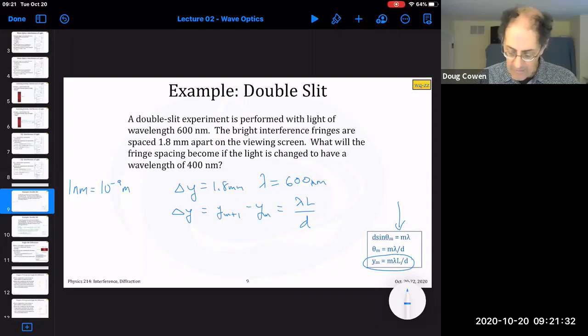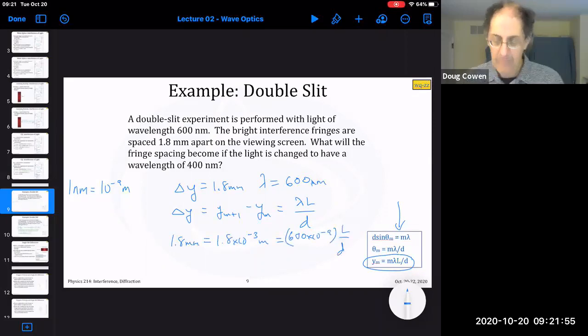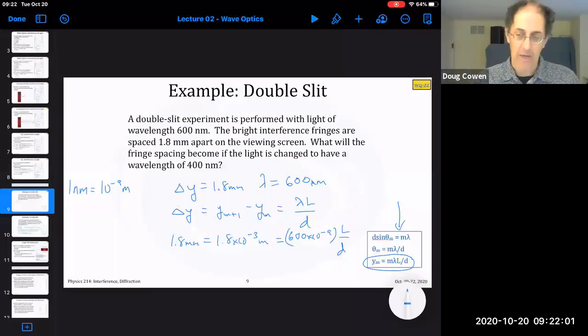And then we know that delta y is lambda L over D. So if I look at the things I have here, I can write that 1.8 millimeters, so it's 1.8 times 10 to the minus 3 meters, equals lambda, which is 600 times 10 to the minus 9, times L over D. Now I don't have L over D. I have neither L nor D. But actually I do have L over D because I can solve for L over D here. And if you do that, you'll get that L over D is 3000.